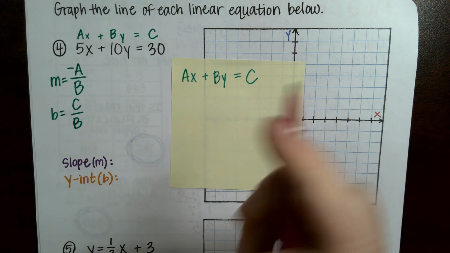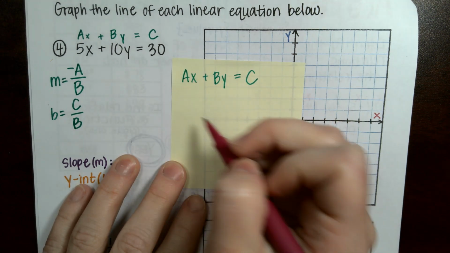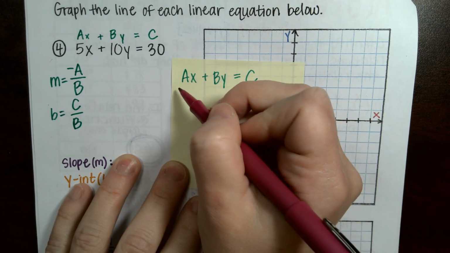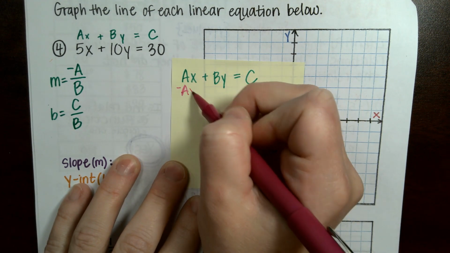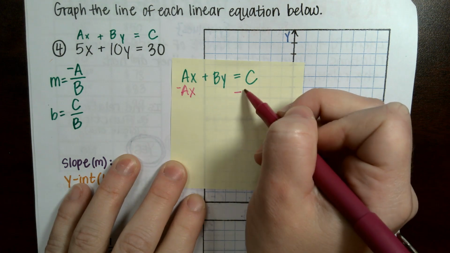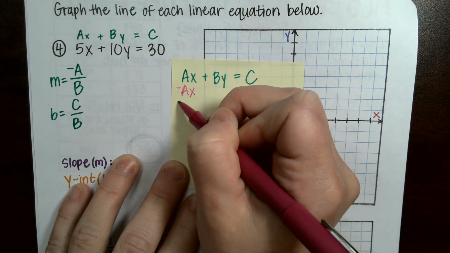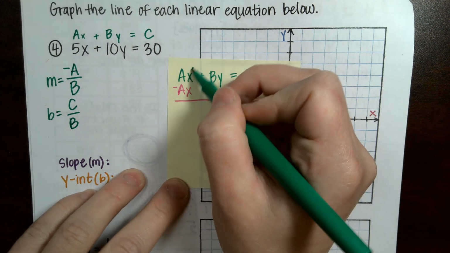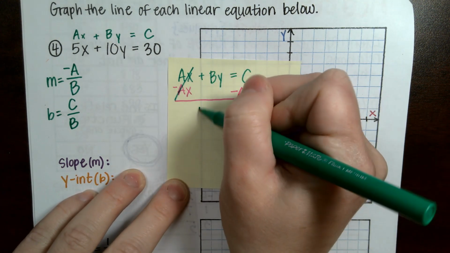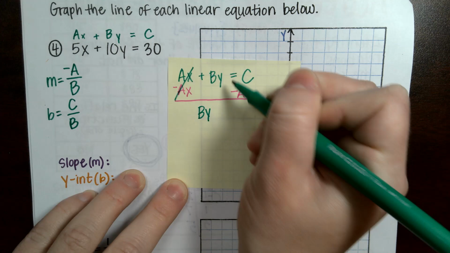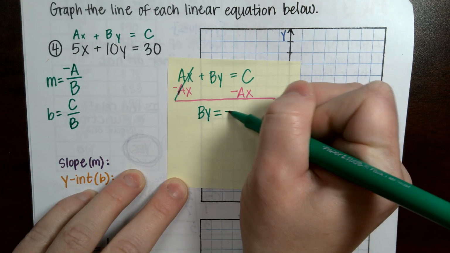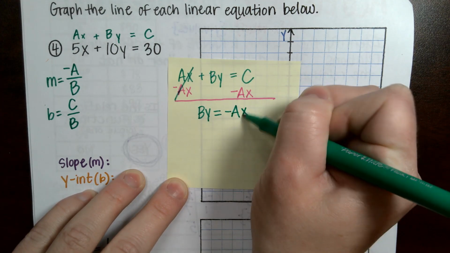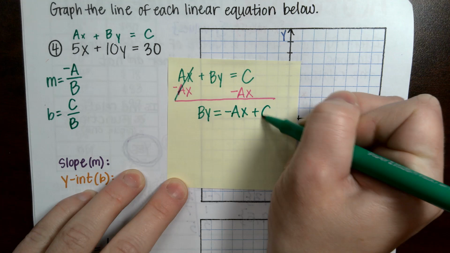So first we want to get our x on the other side of the equal sign, so we would subtract our x's, and that would cancel. We would have BY equals negative AX plus C.